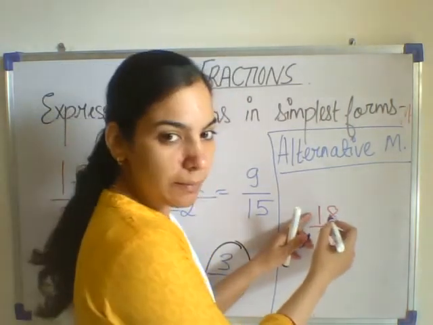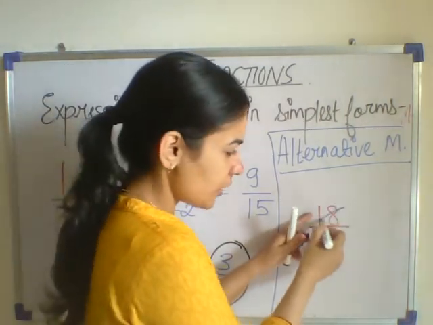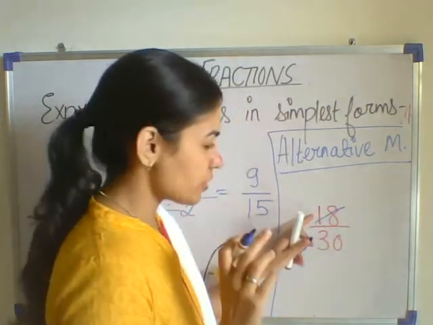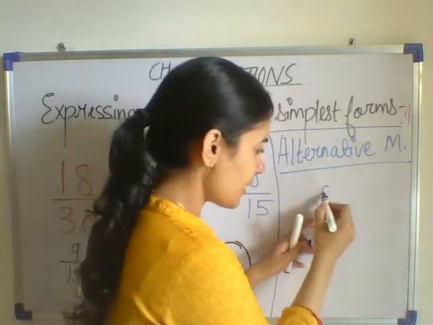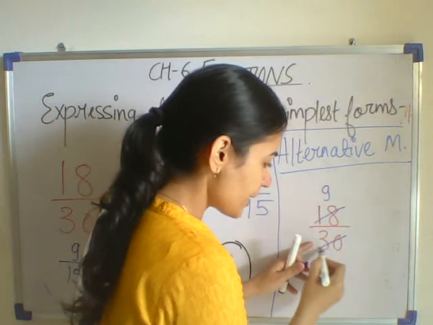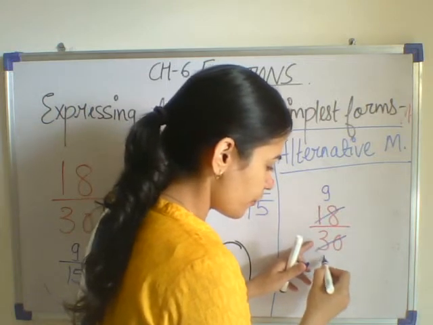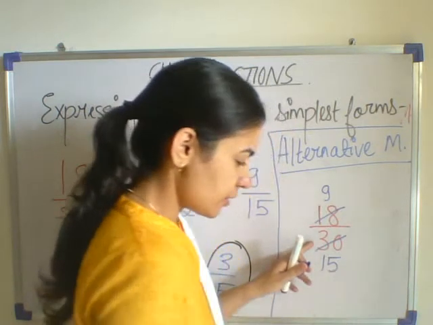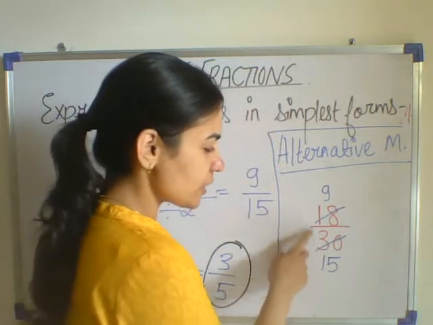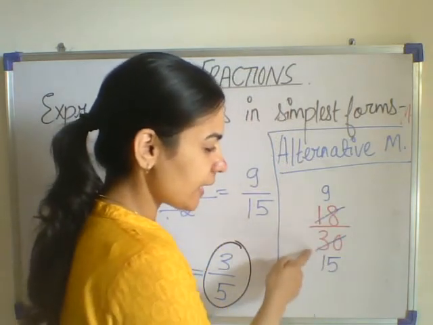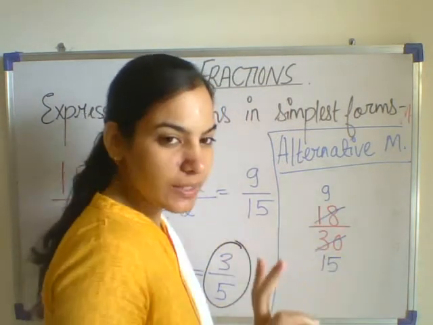It is divisible by 2. So in the mind you have to do the division: 2 9s are 18 and 2 15s are 30. We have cancelled it. This cancellation mark indicates that I have done one division.